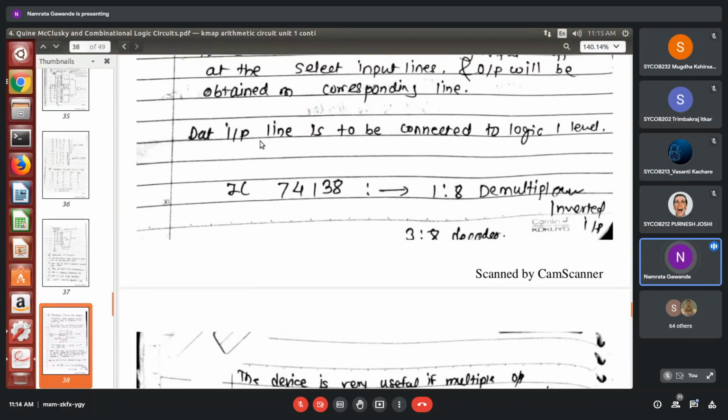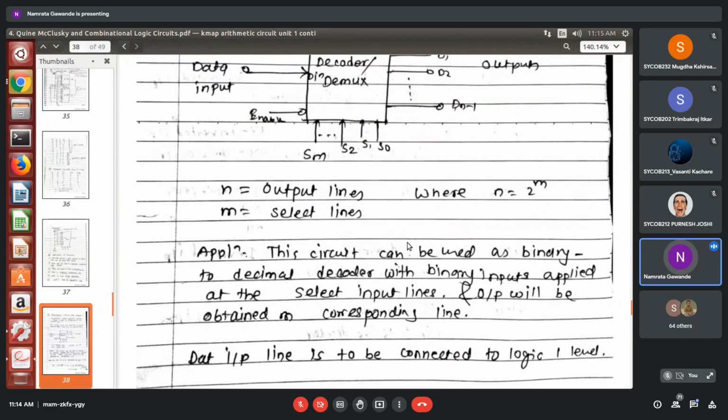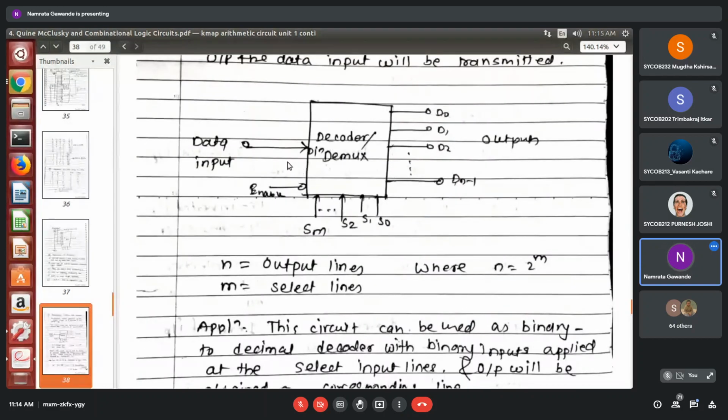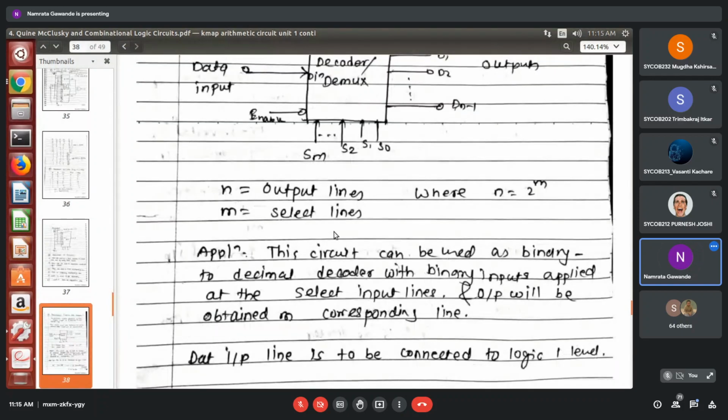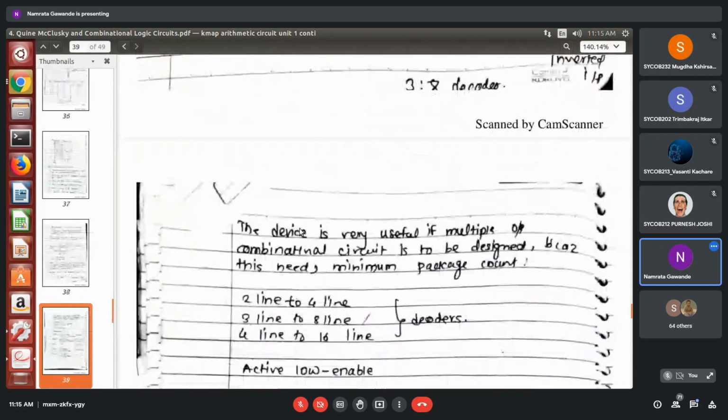Data input line is to be connected to logic 1 level. Here we have seen that there is a data input. So this data input is always connected to logic 1 in the demux. Always connected to logic 1 means always connected to VCC. This is an important point.